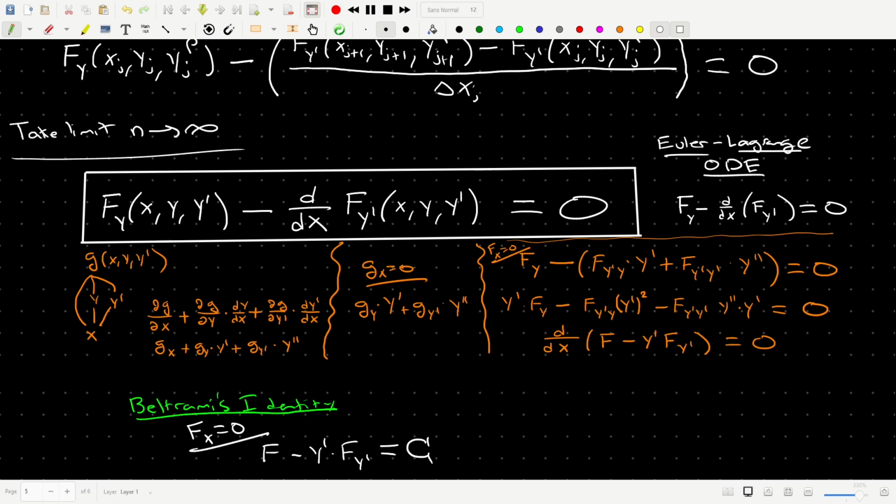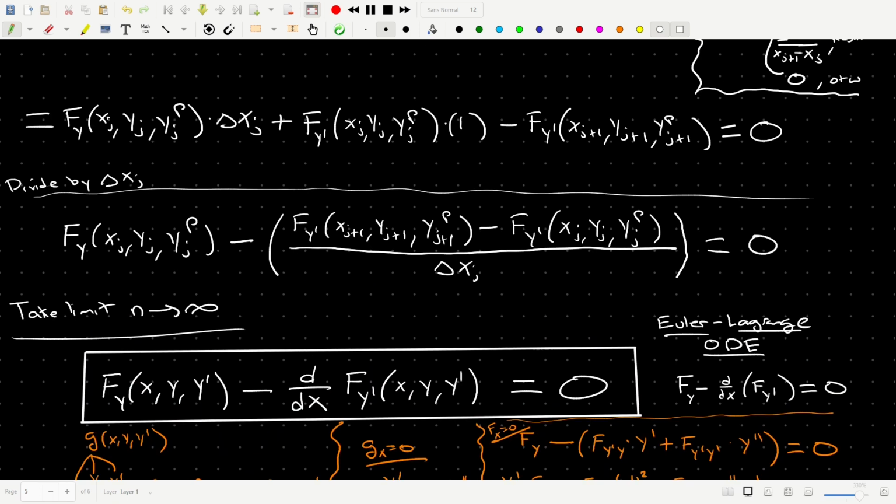So I'd like to take a step back and consider the equation that we took the limit of before, and get a geometric picture of what's going on here.